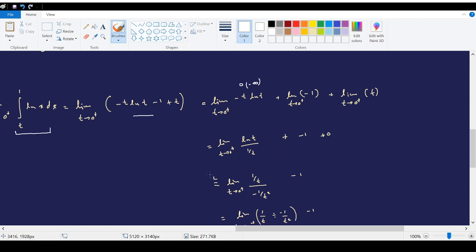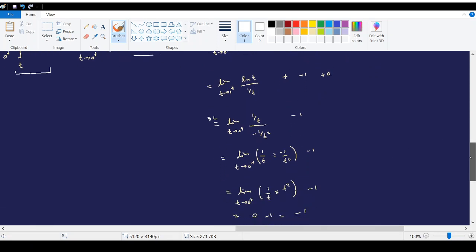So then we can use L'Hopital's rule, and L'Hopital's rule says the same limit can be obtained by differentiating the numerator and the denominator separately. The derivative of the numerator, which is ln t, is equal to 1 over t, and the derivative of the denominator, that is the derivative of 1 over t, is equal to negative 1 over t squared.